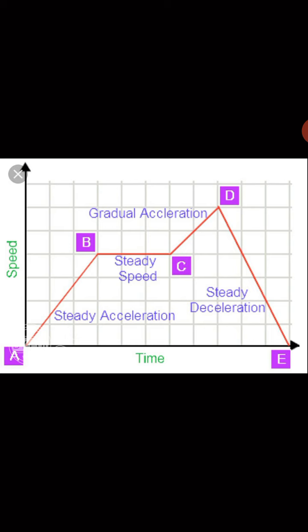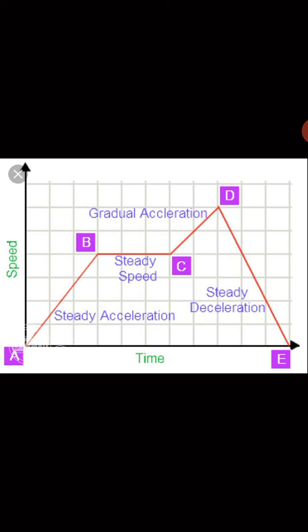It's acceleration, speed is increasing. Acceleration means as time increases, speed of the object also increases. From point B to C, the flat line BC indicates that the speed is steady. That means the object is moving, of course moving because the time is increasing, but the speed is remaining constant. It's remaining same during that duration of time.